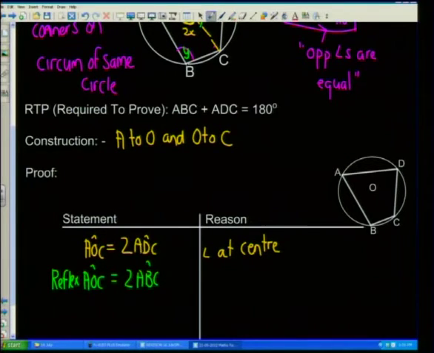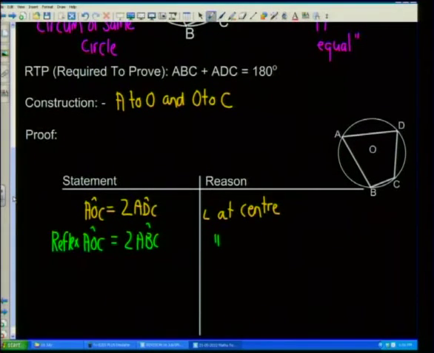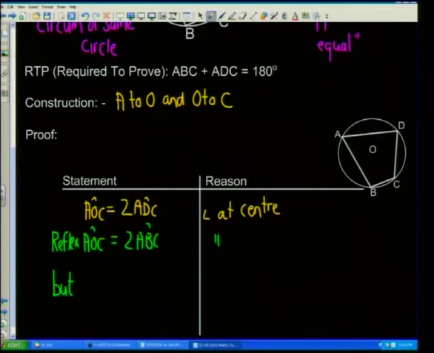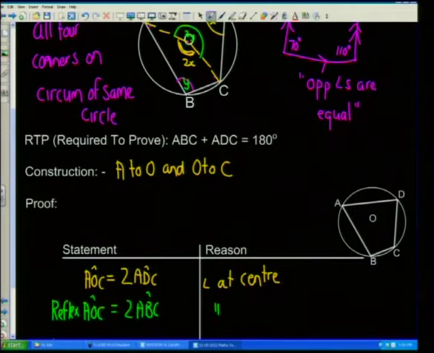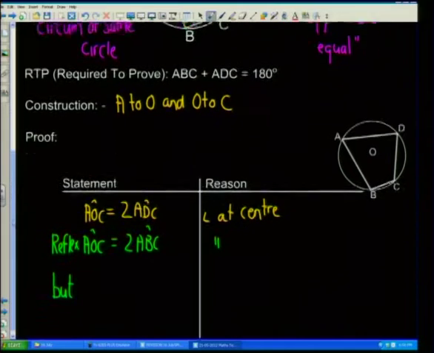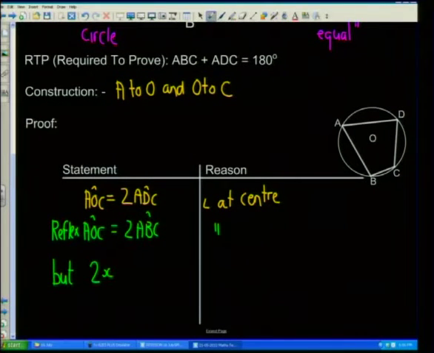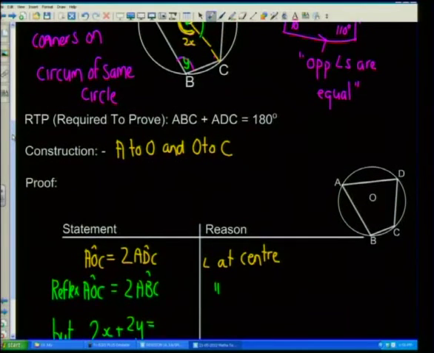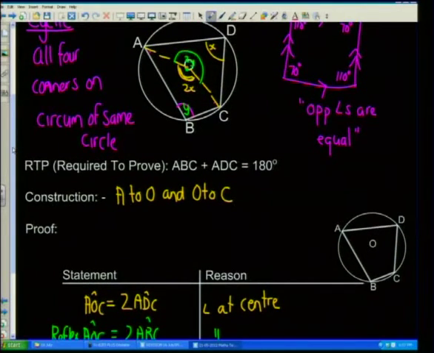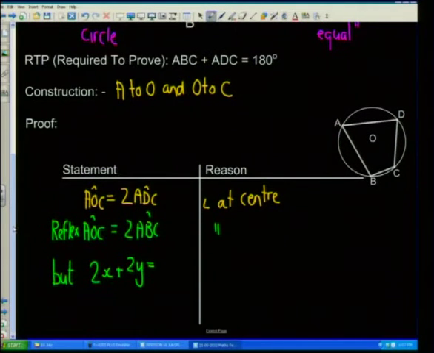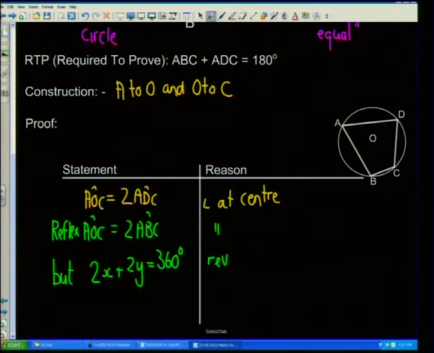And heaven help you if you ditto in an exam, but I'm allowed to ditto now because I'm running out of time. Now, guys, can you see that what I've got at that central angle here is a 2x and a 2y. But what do I know about the 2x and the 2y? Can you see that that's a whole revolution? We definitely know that that comes to 360 because it's a revolution.